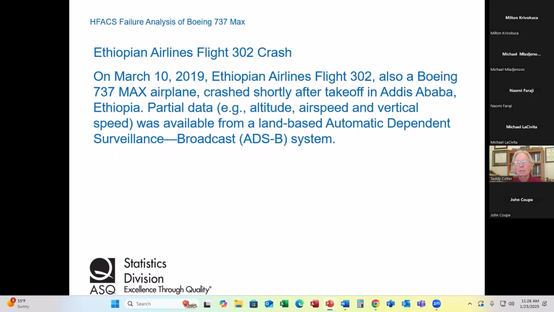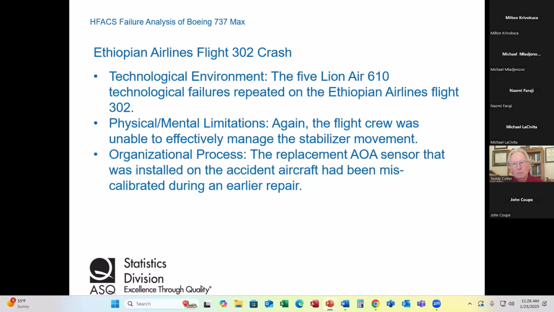Notice that they didn't fix them from 2018 to 2019. Of course, the investigation was probably still going on. Another physical mental limitation. Again, the flight crew was unable to effectively manage the stabilizer movement. And then there was an organizational process: the replacement of the AOA sensor that was installed on the accident aircraft had been miscalibrated during earlier repair.